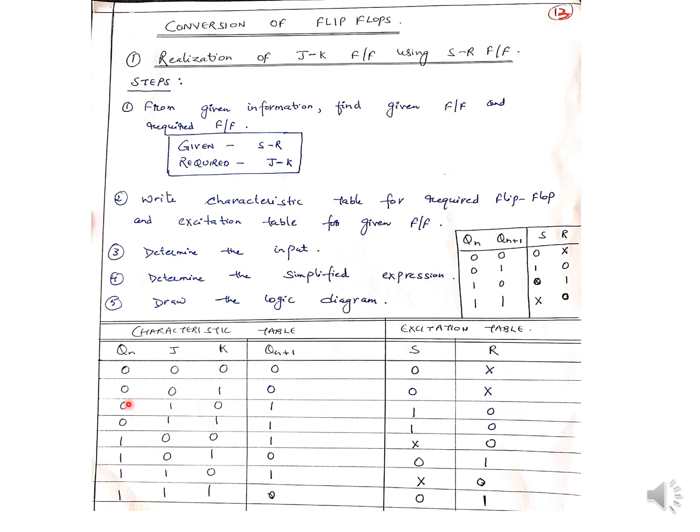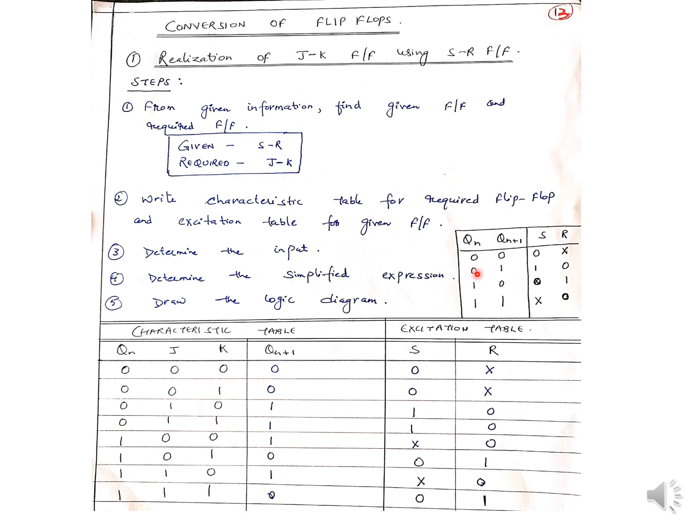Okay, in the next line, Qn is 0 and Qn plus 1 is 0. Again, what is S and R? It is 0 and cross. So I have written here 0 and cross. Okay, in the next one, Qn is 0 and Qn plus 1 is 1.